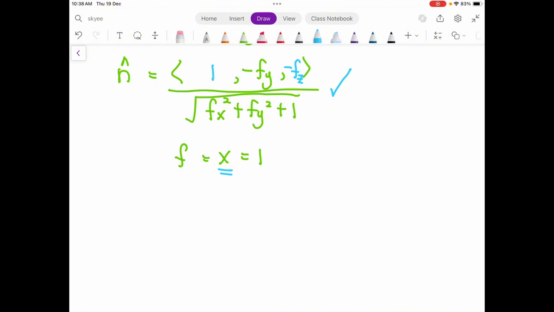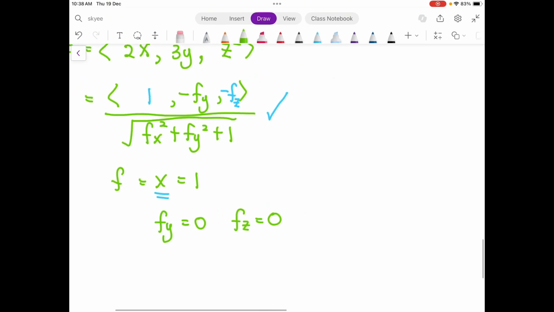When we differentiate with respect to z, fy is 0, and fz is also 0. So at the end, the whole thing becomes very easy: just 1, 0, 0, over fx.